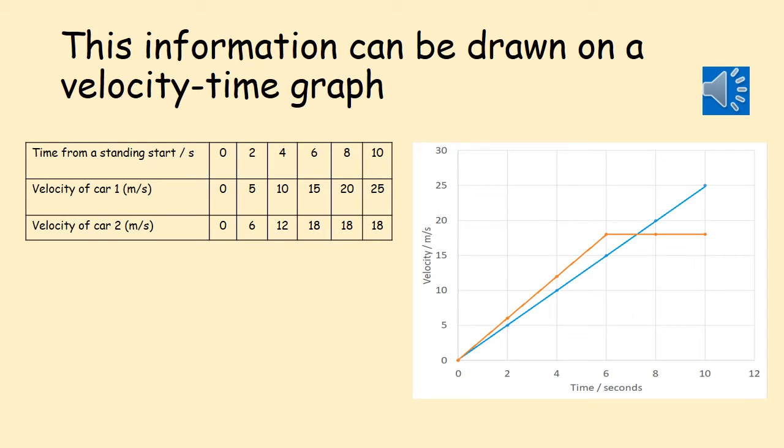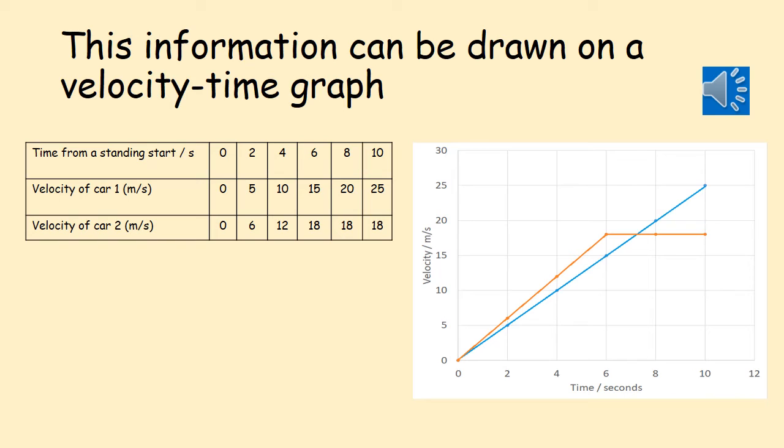So having a look first at the data for car number 1, you'll see there at the start it's not moving at all. Then after 2 seconds it's now going 5 meters per second. That then goes up consistently 5, 10, 15, 20, 25, and this is shown on the blue line on the graph.